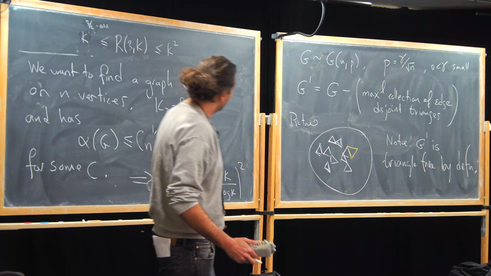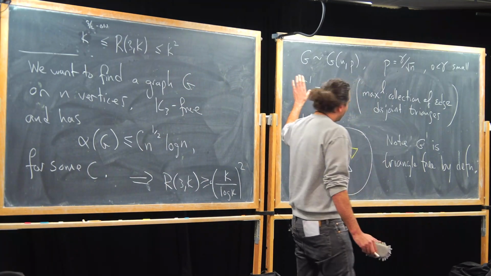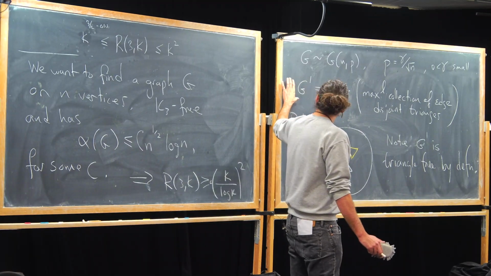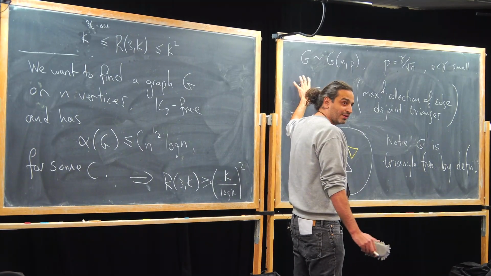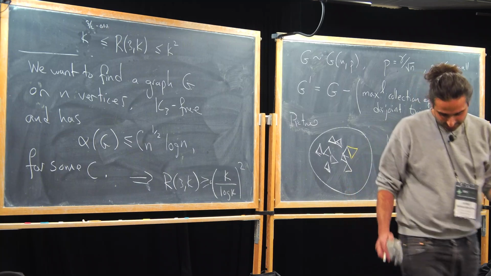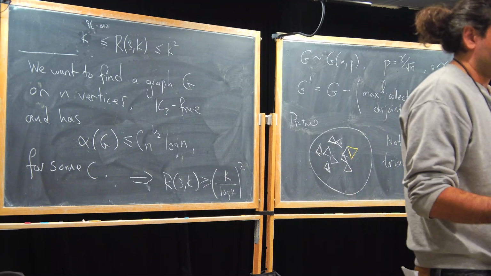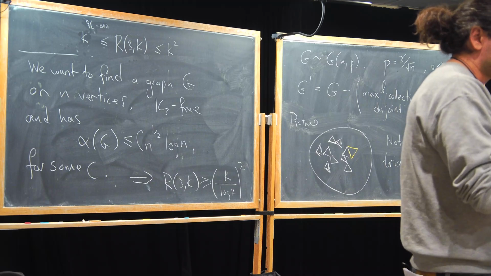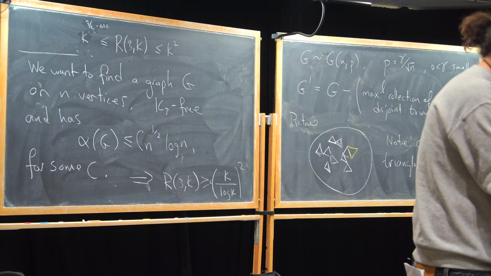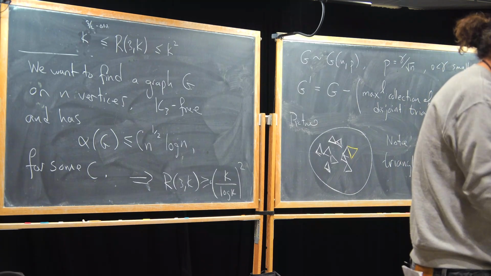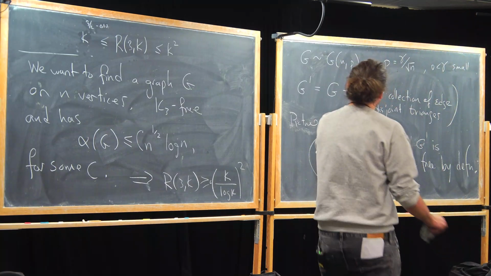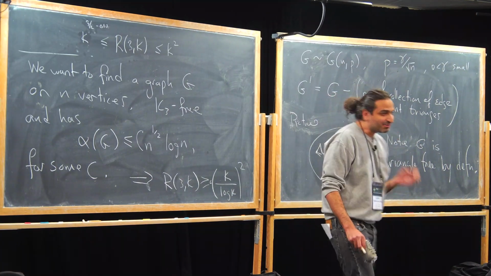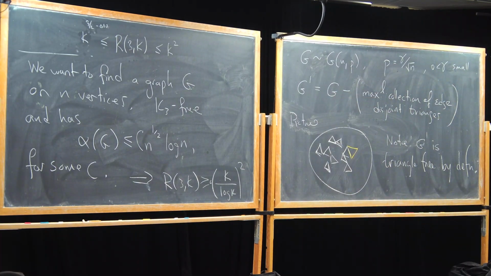Now I need to do a couple things to understand this graph. Perhaps the hardest thing is to calculate the independence number. In fact, that's really the only thing I need to do here.